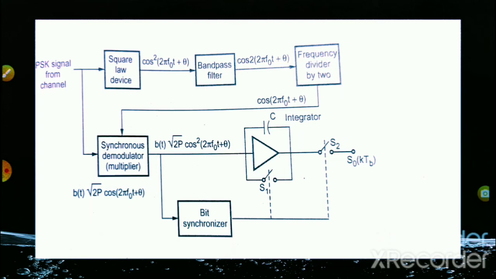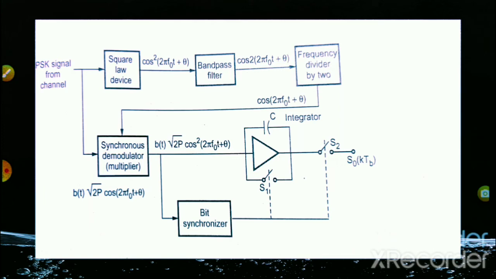Operation of the receiver. Phase shift in the received signal: the signal undergoes a phase change depending upon the time delay from transmitter to receiver. This phase change is normally a fixed phase shift in the transmitted signal. Square law device: now from this received signal, a carrier is separated, since this is coherent detection.